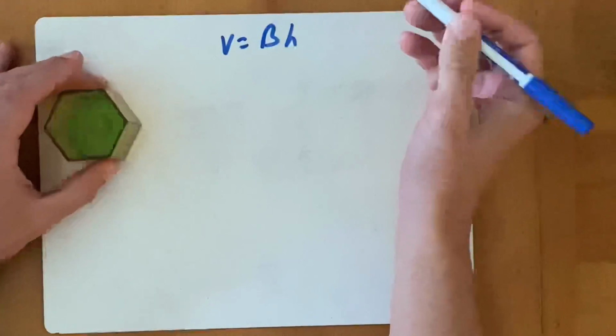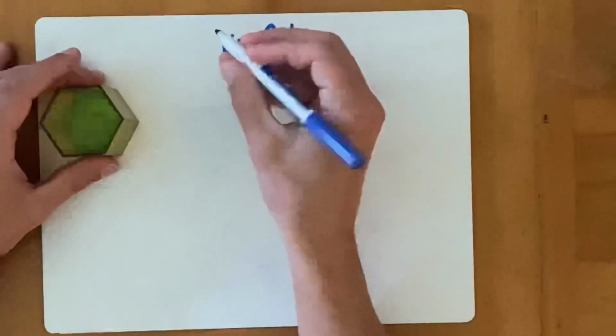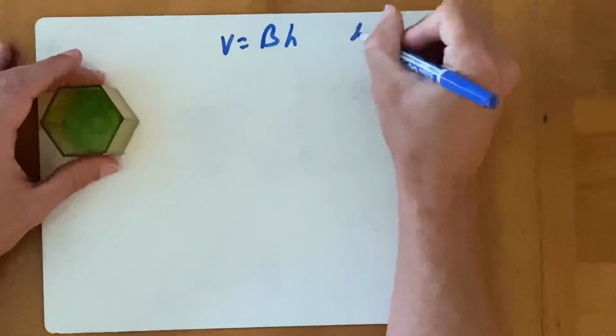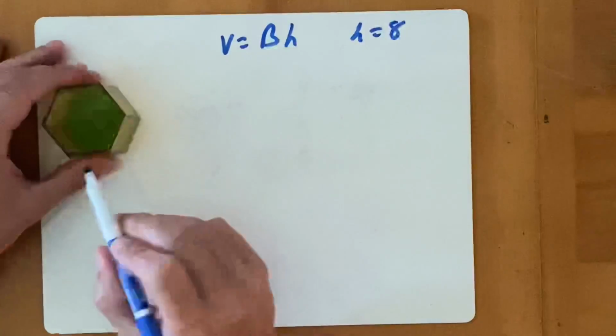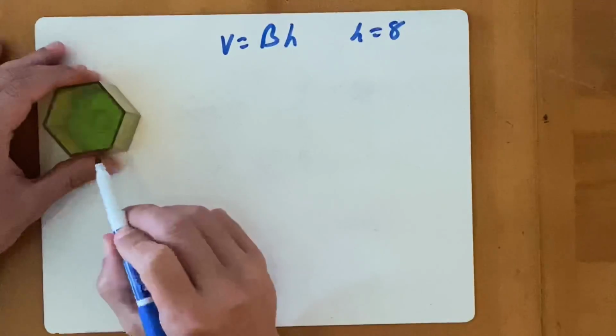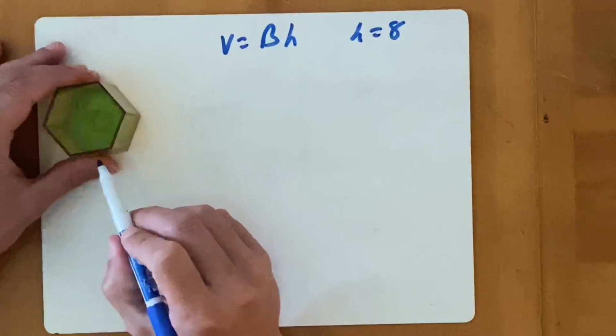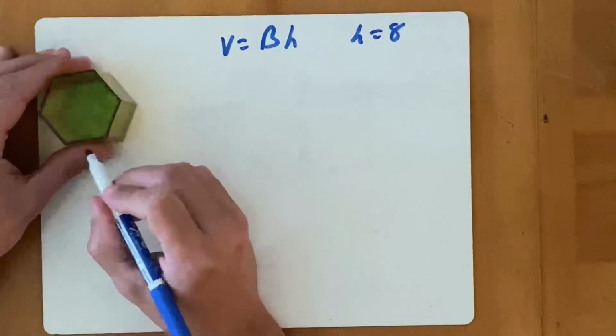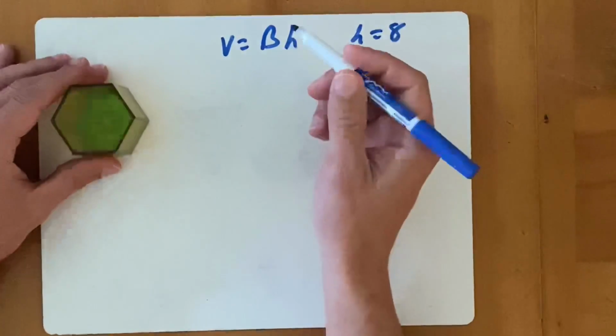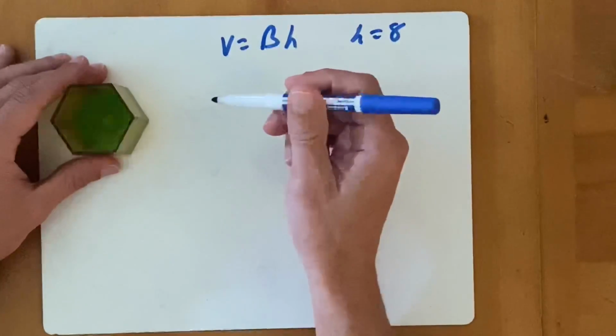So let's start off with the area of the base. The height they give us is 8, so we don't have to worry about that. They also give us the length of one of these sides, which is 6 meters. We need to figure out the length of the apothem.